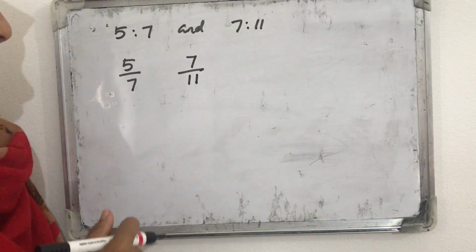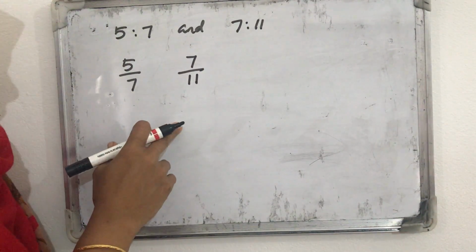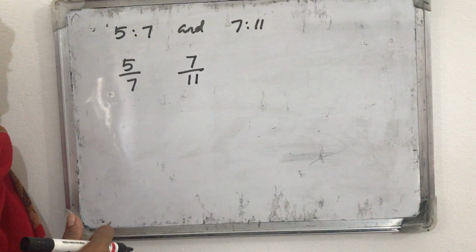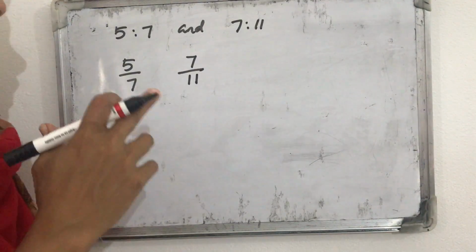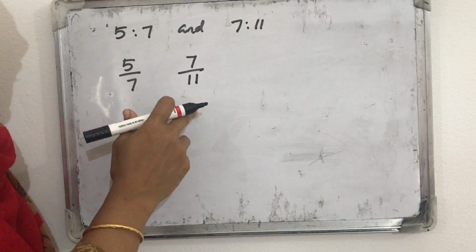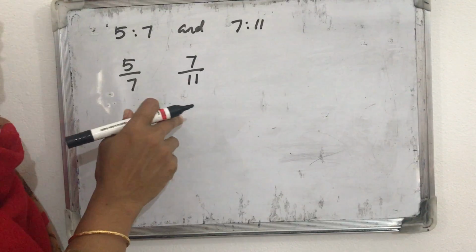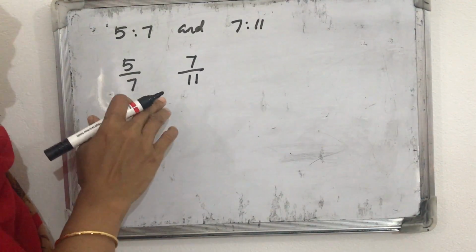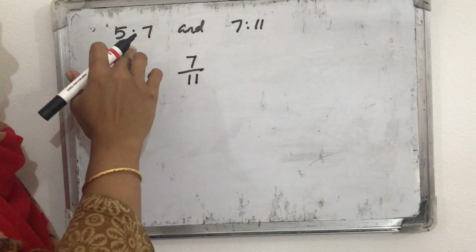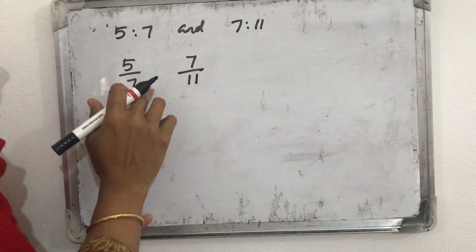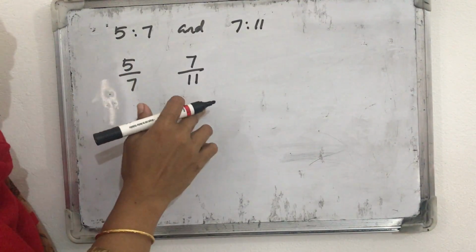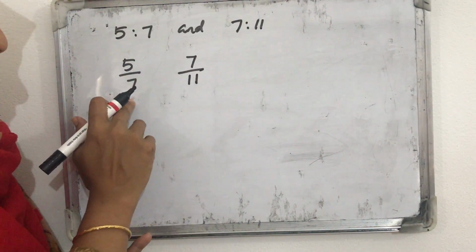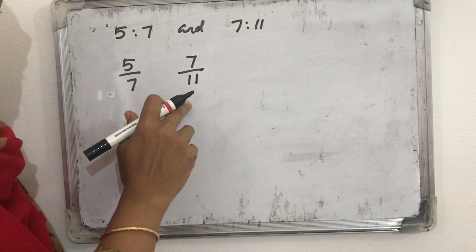Now both are in fraction form. We already learned how to compare 5 by 7 and 7 by 11 in fraction form. First make the denominators the same by taking the LCM, then compare. What is the LCM of 7 and 11?